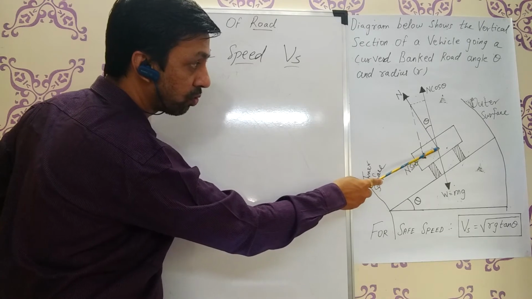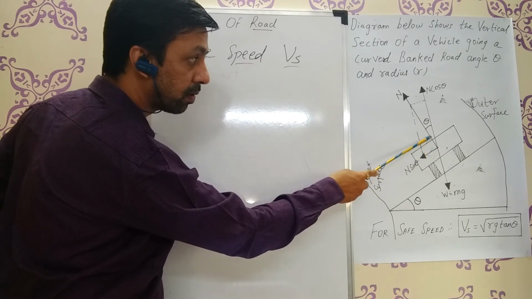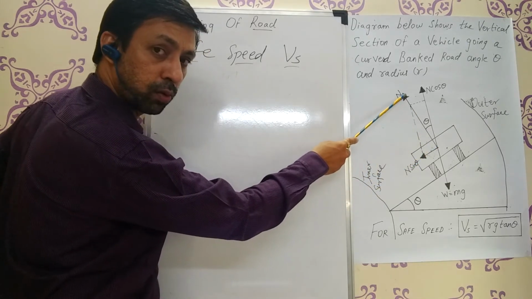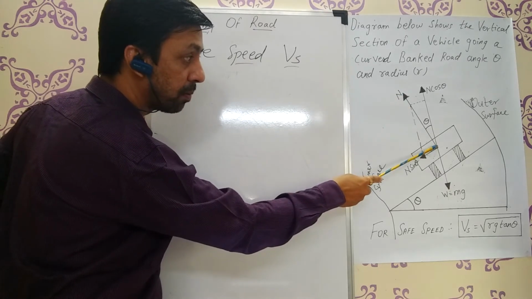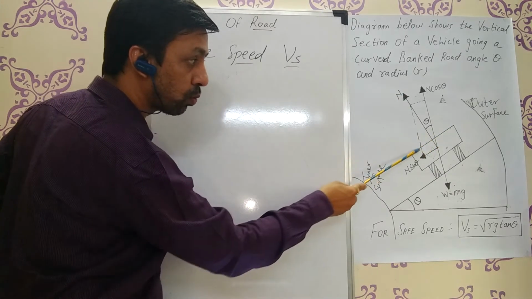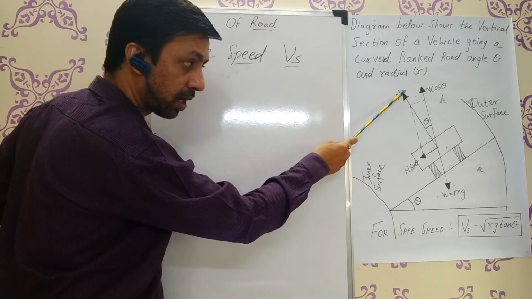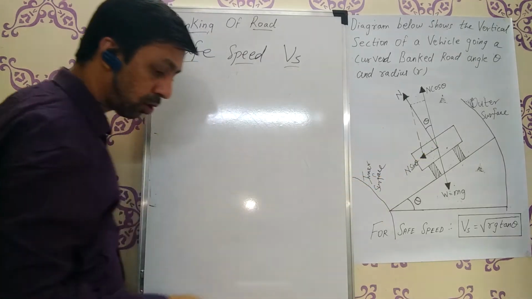There is one more force acting, called the normal. Normal means force exactly perpendicular to the surface of the object. So these two forces are acting.